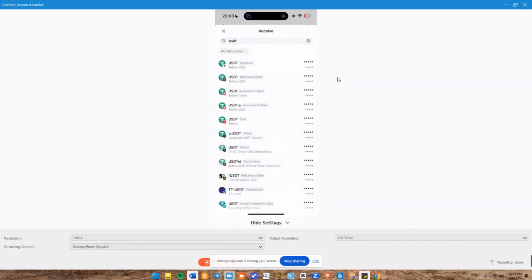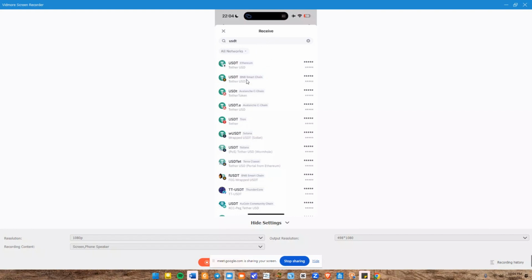Let me show you here. Can you see my cursor where it says all networks? Yeah. So if you look down here, we have so many networks. We have Ethereum, and there's the Ethereum icon. We have BNB Smart Chain, and we have the BNB Smart Chain icon. We have Avalanche. We have Avalanche again. We have Tether. We have Solana. So you can see USDT has been built on a lot of blockchain networks.